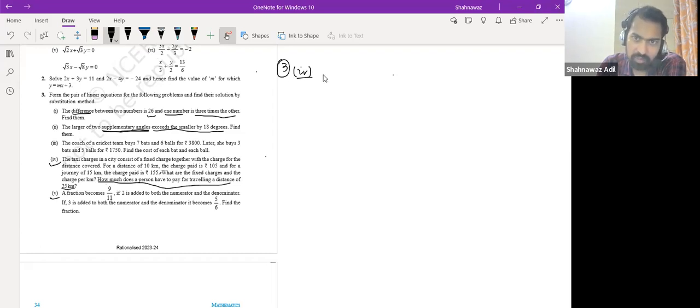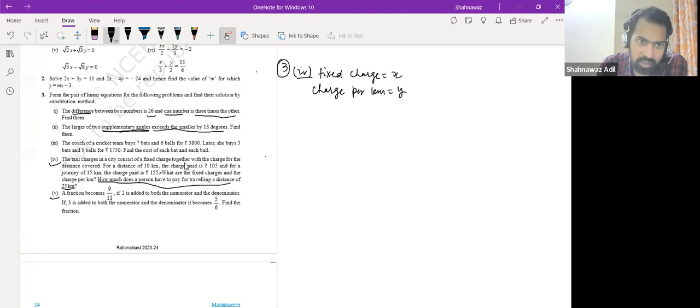The distance covered is given. So the unknowns are the fixed charge and the charge per kilometer. Let's say the fixed charge is x and the charge per kilometer is y.